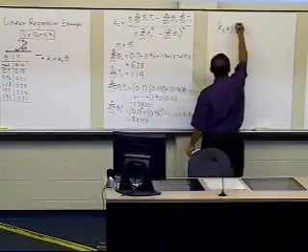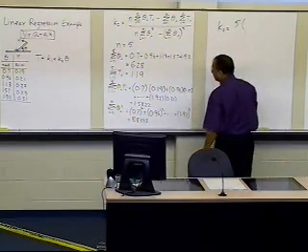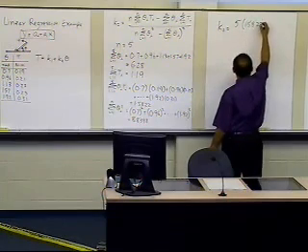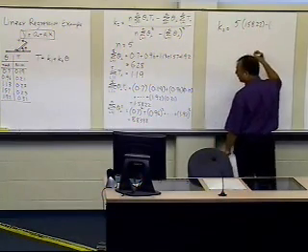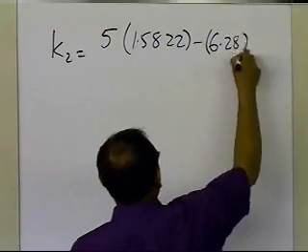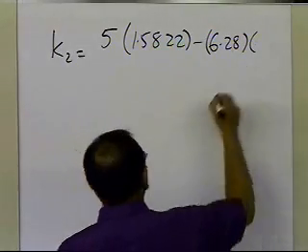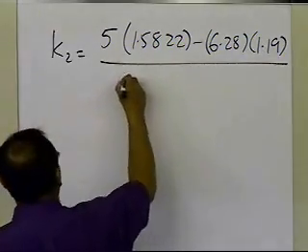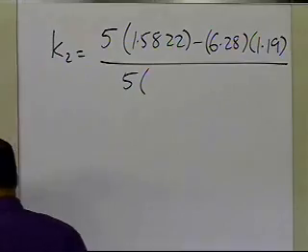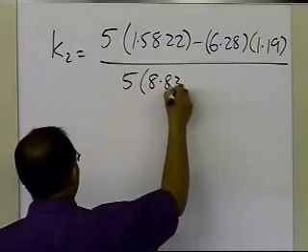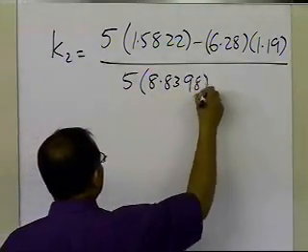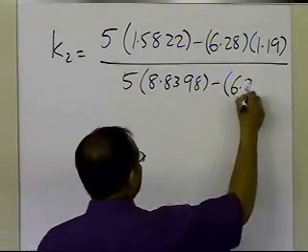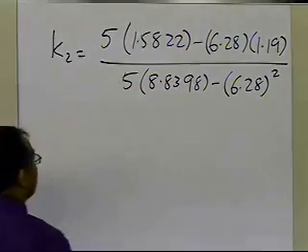So I get K2 is equal to n, which is 5, times the summation of theta i t sub i, which is 1.5822, minus the summation of all the theta values, which is 6.28, times the summation of all the torque values, which is 1.19, divided by 5 times the summation of the theta squared values, which is 8.8398, minus the summation of all the theta values, which is 6.28, squared.